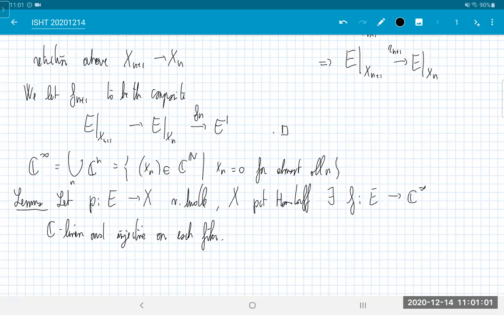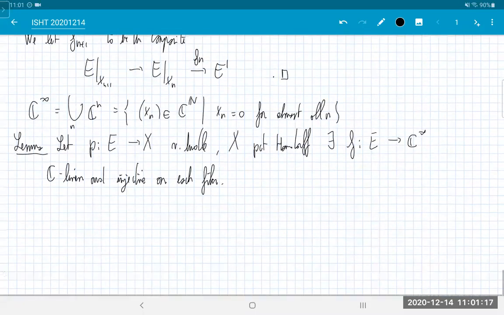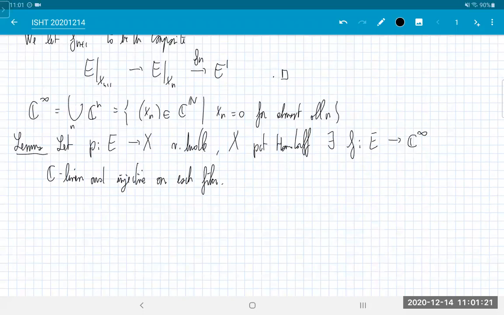It's just a C vector space with a countable basis. But this way I'm actually telling you what the topology is: the inductive limit topology on this union. And technically you should think of it as an ind vector space or whatever, but I'm not going to play these kinds of games. Think of it like a topological vector space. It's not complete, very far from complete, of course, but I don't care.